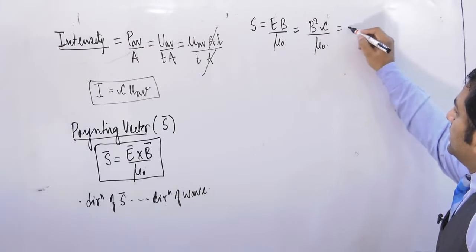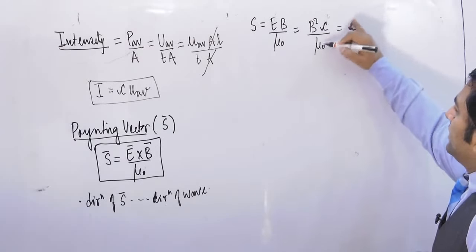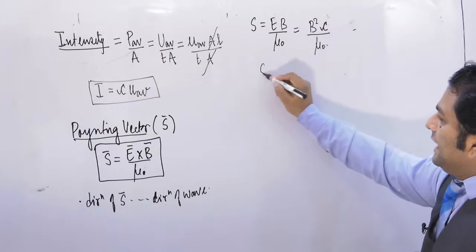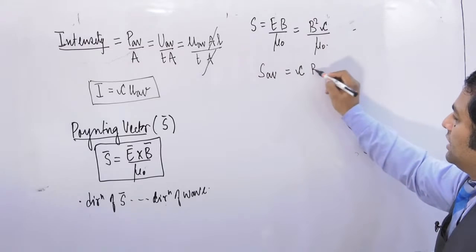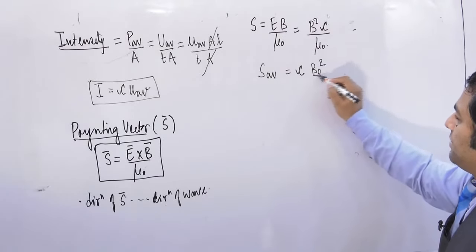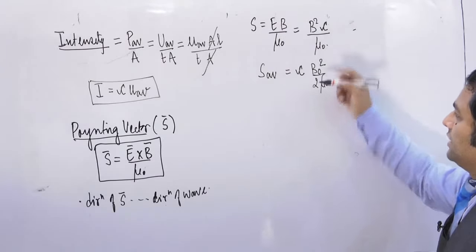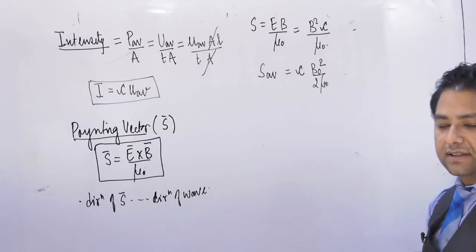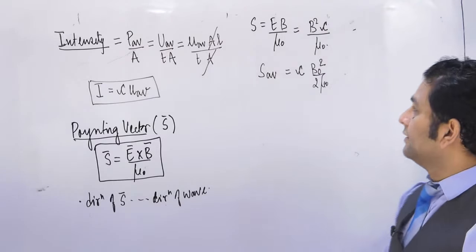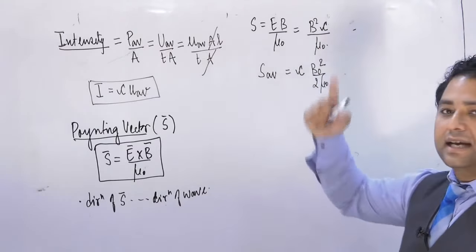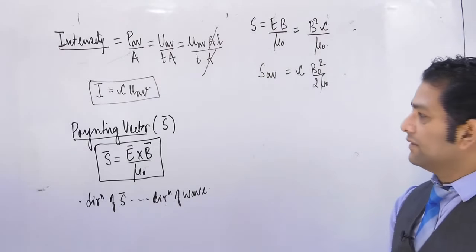See, if I go with this particular thing, this is equal to C, all right, let me do this, S average, that is C into B naught square by 2. Perhaps you could make it that way, because B has a sine function, B naught sine omega t. So if you square that and take the average, sine square average is half.